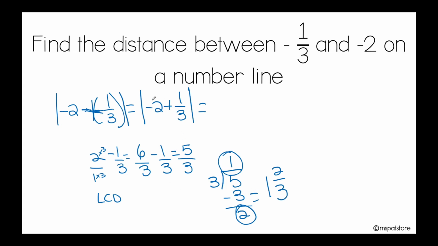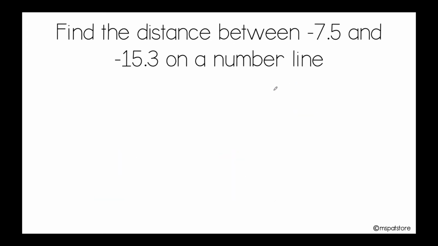In this case, it will be the absolute value of negative 1 and 2/3, because negative 2 is greater than 1/3. And now I just need to find the absolute value of negative 1 and 2/3, which is positive 1 and 2/3. Now I would like you to pause the video and try to do this one by yourself.